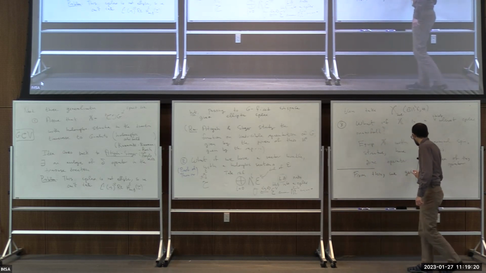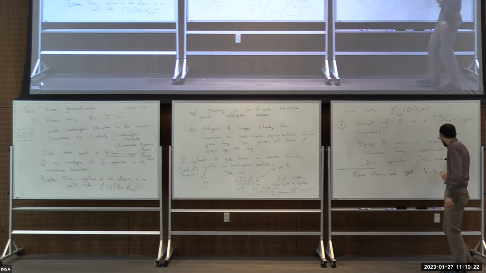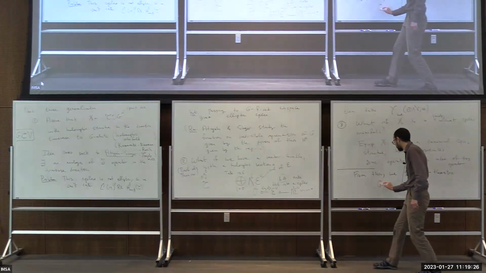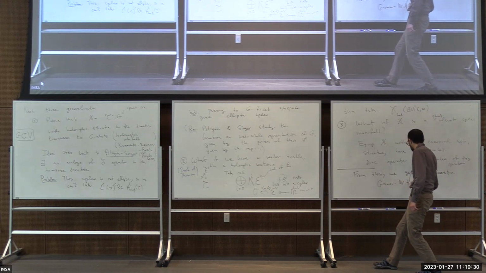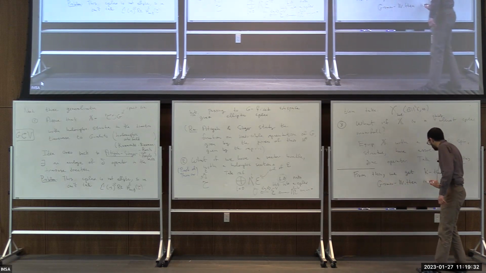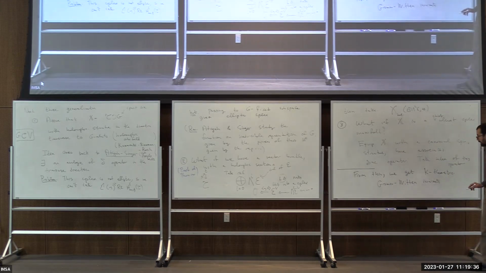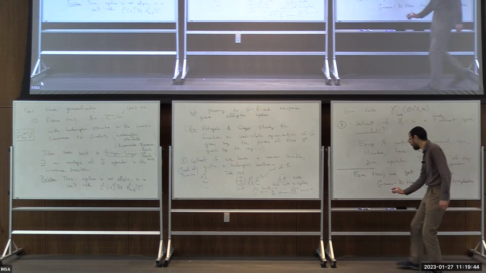K theoretic homological invariants. And of course, we didn't invent the subject, so we can write this in symplectic topology, in the symplectic context.